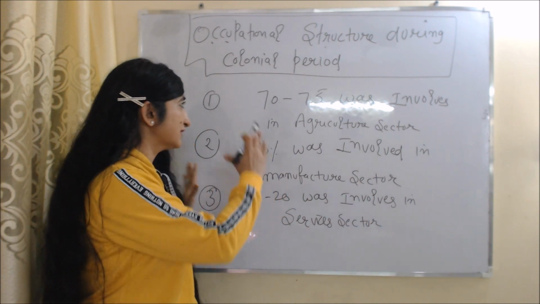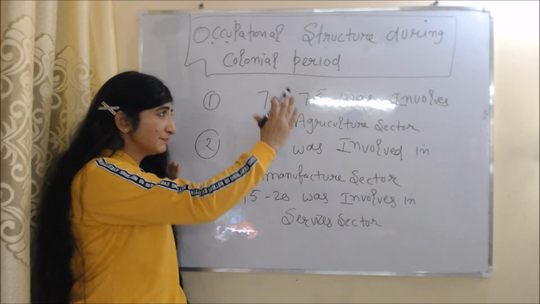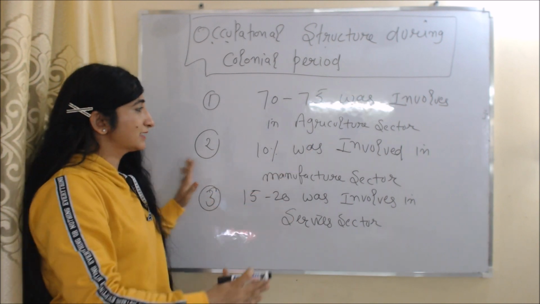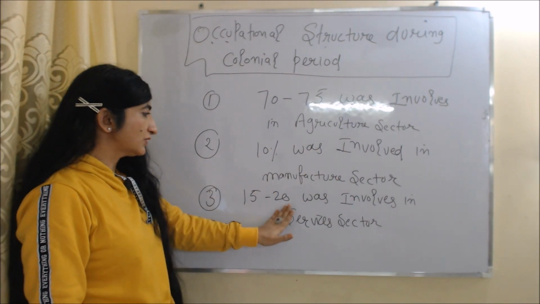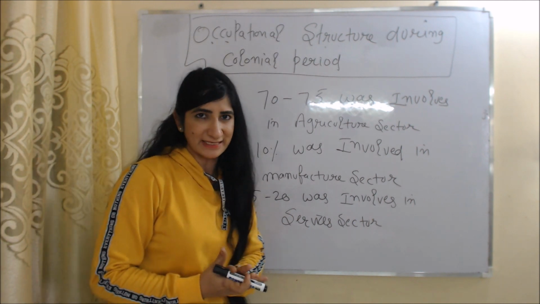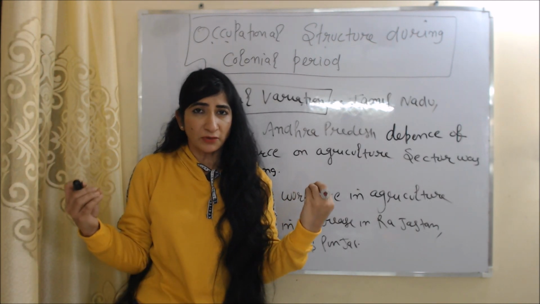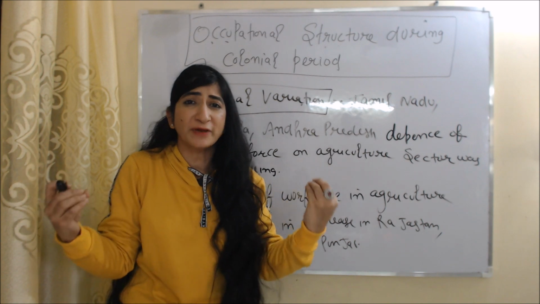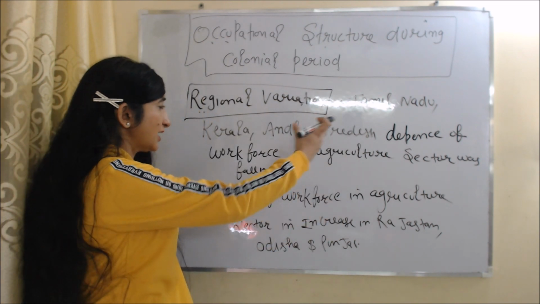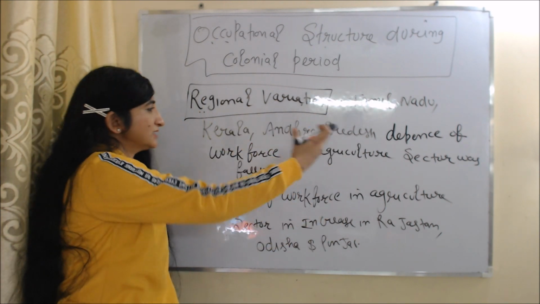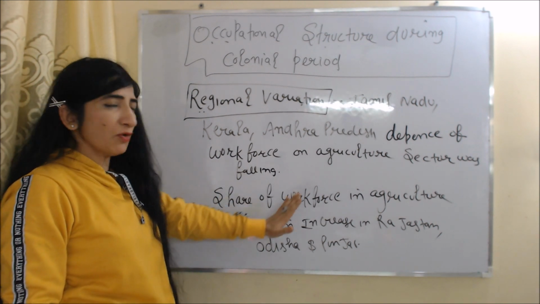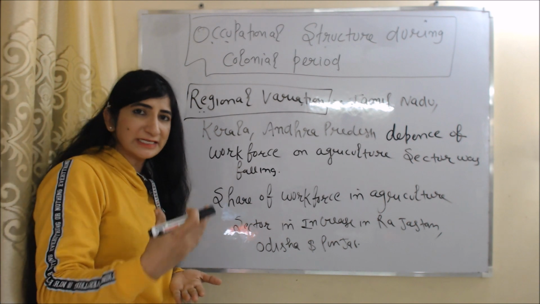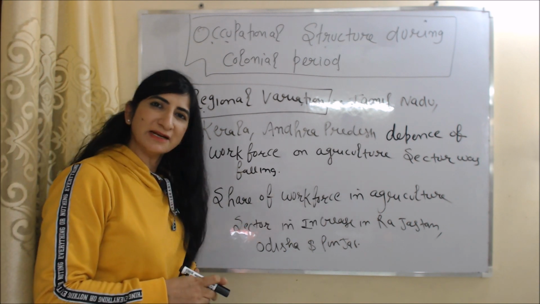During colonial rule, 70 to 75% of people were involved in the agriculture sector, 10% in the manufacturing sector, and 15 to 20% in the services sector. Apart from this, we see many regional variations. For example, in Tamil Nadu, Kerala, and Andhra Pradesh, dependence of the workforce on the agriculture sector was falling. On the other hand, the share of workforce in the agriculture sector was increasing in Rajasthan, Odisha, and Punjab.